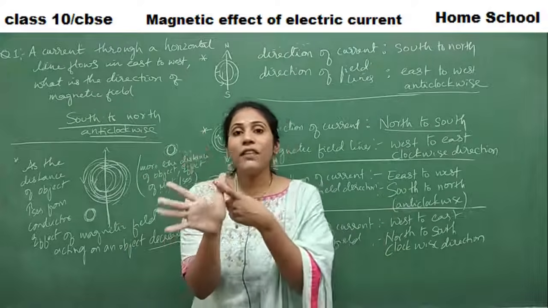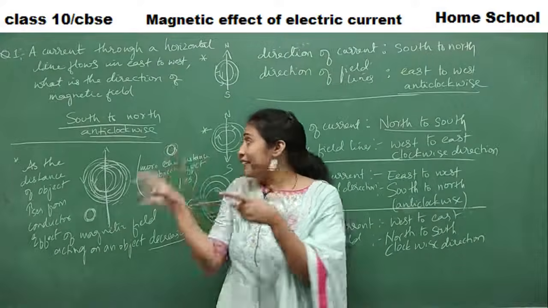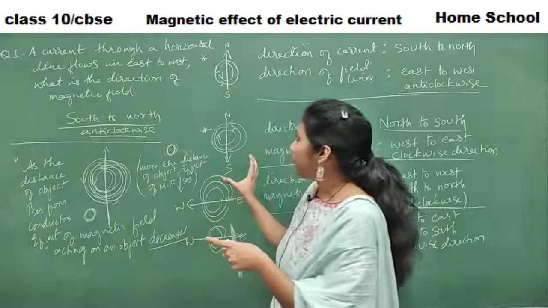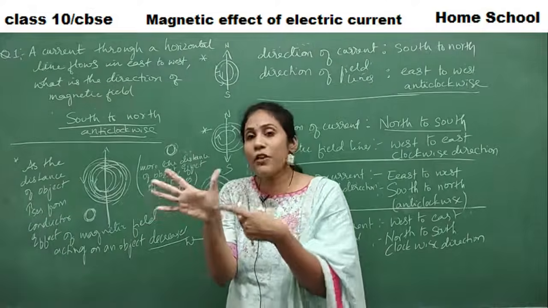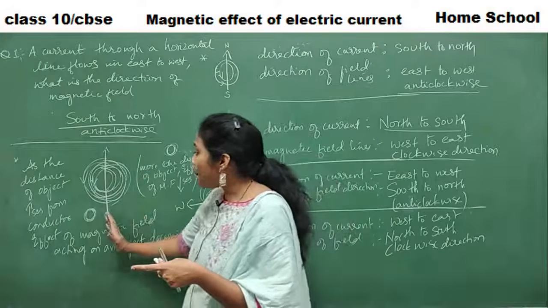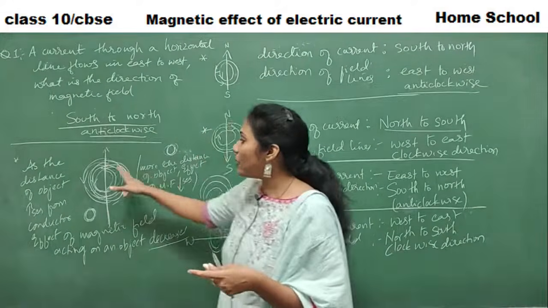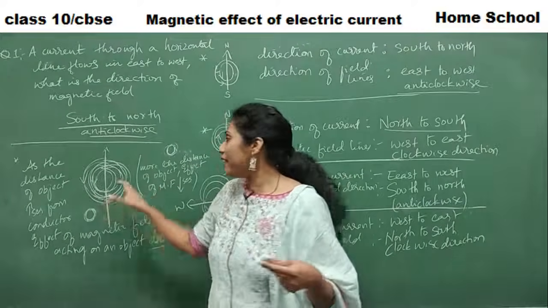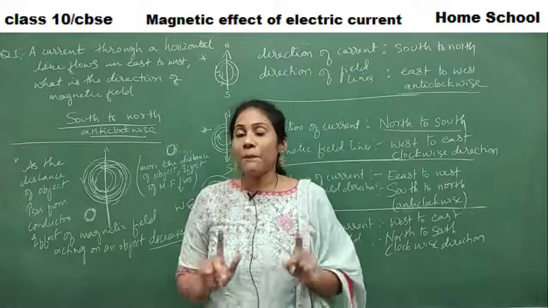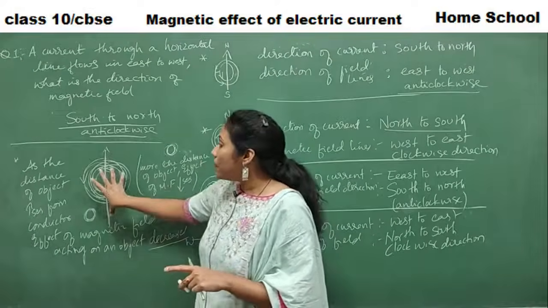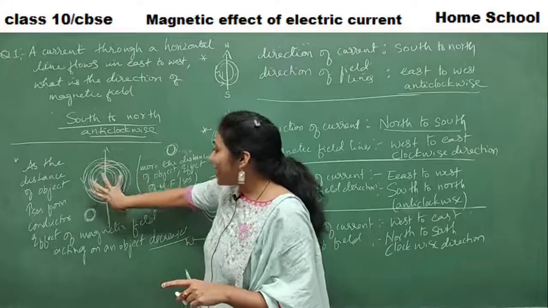First thing we have discussed: strength of magnetic field depends on the strength of current. First and foremost, when a current is passing in a straight conductor, how do the magnetic field lines appear? They appear in the form of concentric circles. This is the first point. Next point: when do you get more magnetic field?